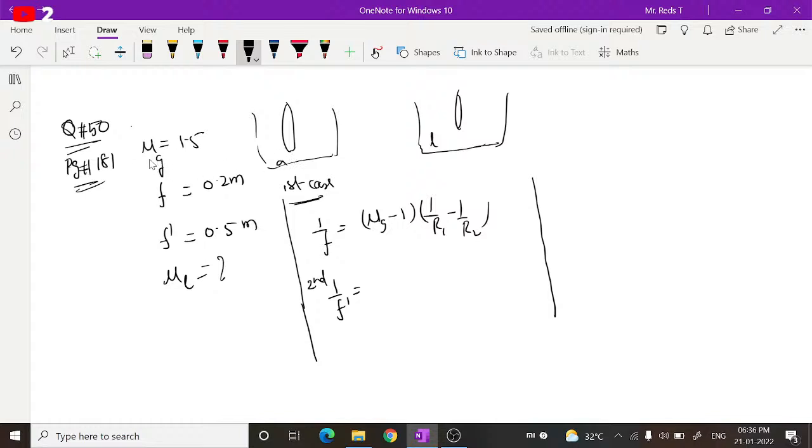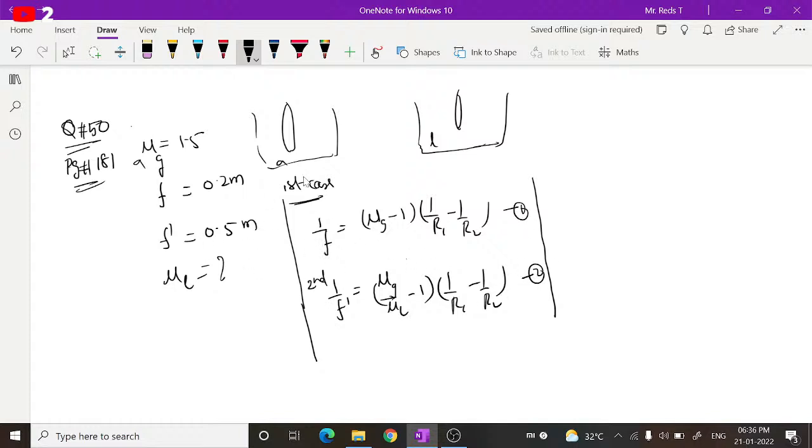When it is surrounded by liquid, then you have to take the refractive index of glass with respect to liquid. That means refractive index of glass by refractive index of liquid minus 1, into 1 by r1 minus 1 by r2. So this is 1, this is 2.